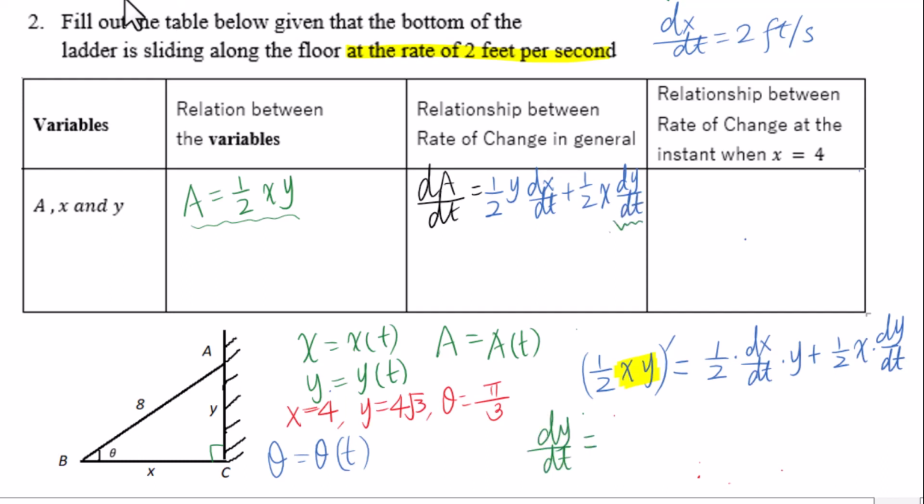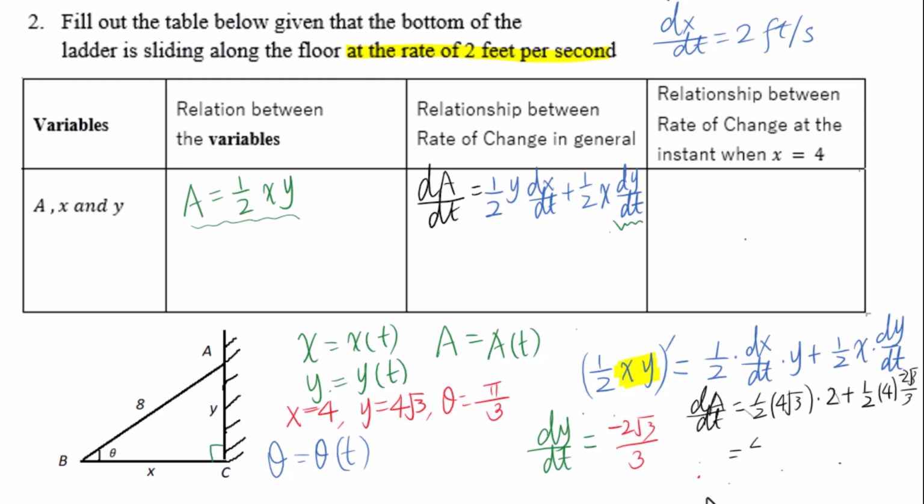Since we already figured out dy by dt equals negative 2 square root of 3 over 3, let's do the substitution. dA by dt equals 1/2 times y, which is 4 square root of 3, times 2, plus 1/2 times 4 times dy by dt, which is negative 2 square root of 3 over 3.